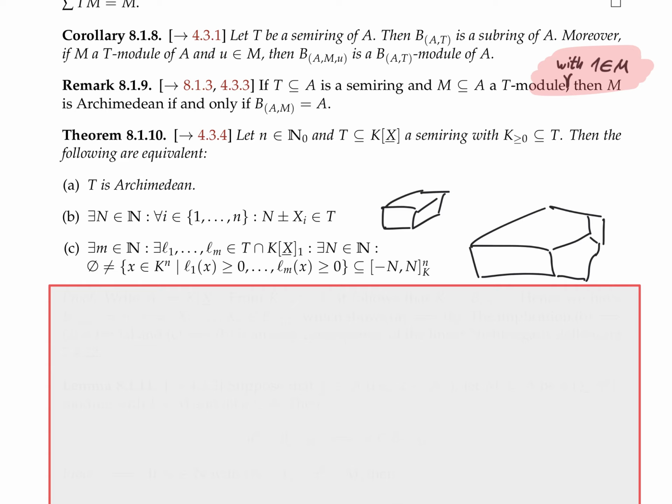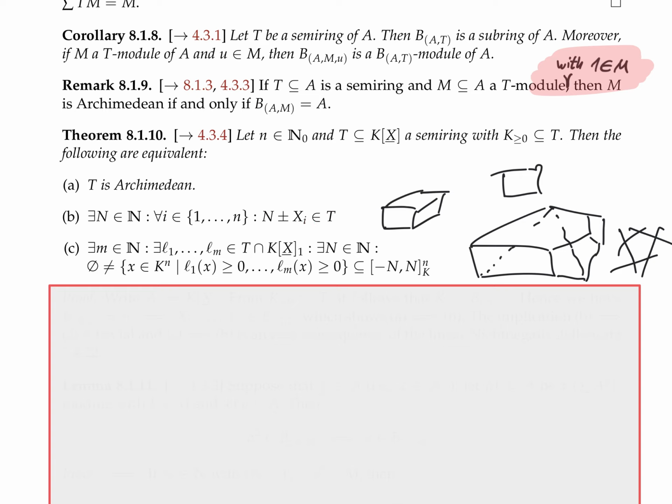I don't know how to draw it. So instead of such a thing, I take now such a thing, but it should be bounded. And again, if you think of T as being those elements which are in a certified way non-negative on some set, then this means that this set is in a certified way contained in such a bounded polyhedron, whereas here I have a cube.